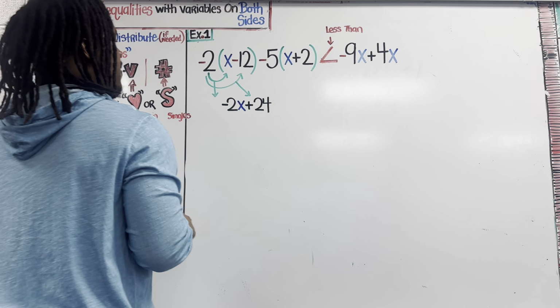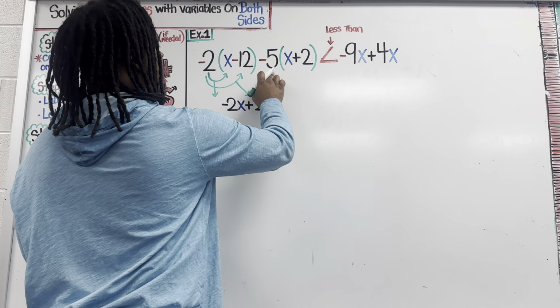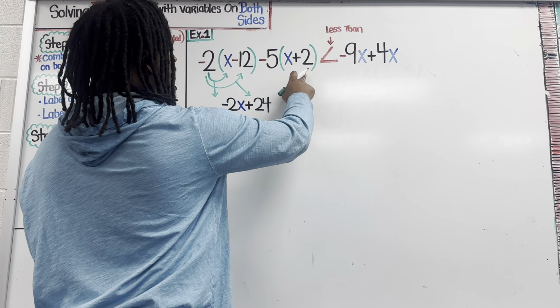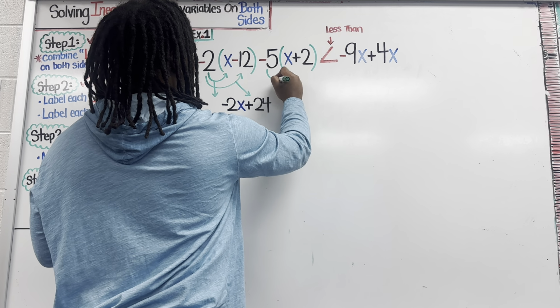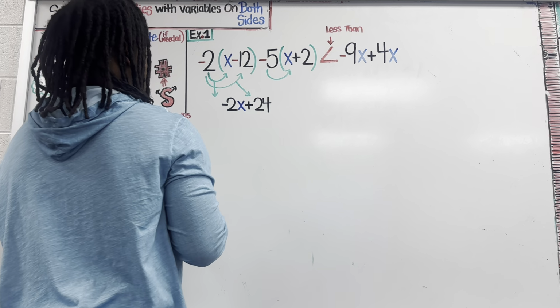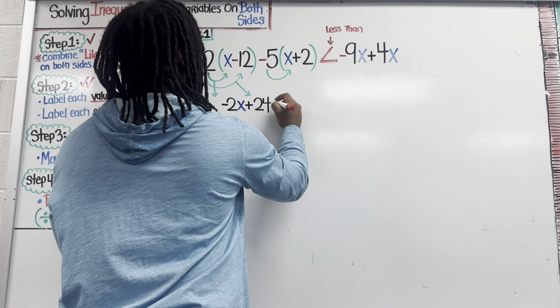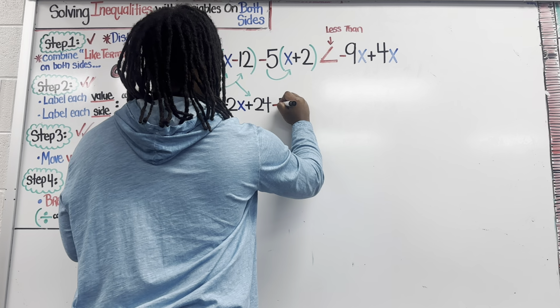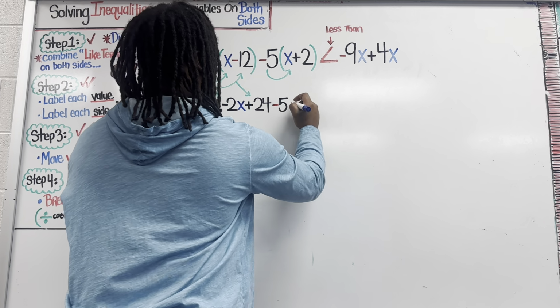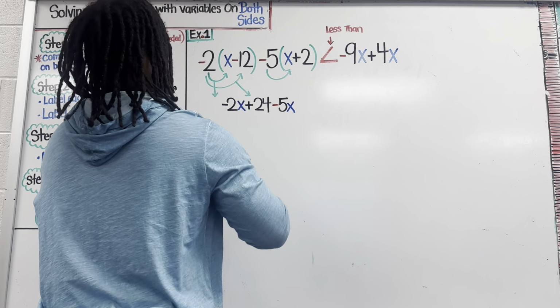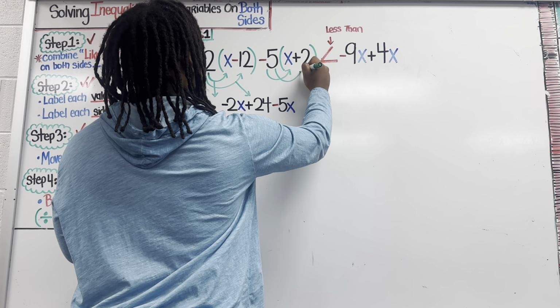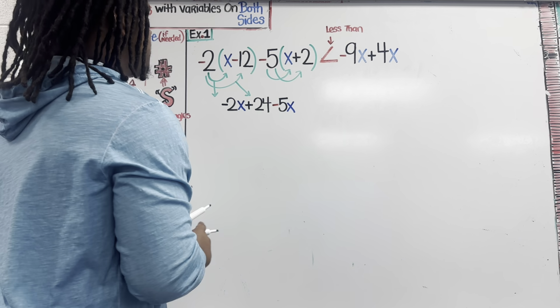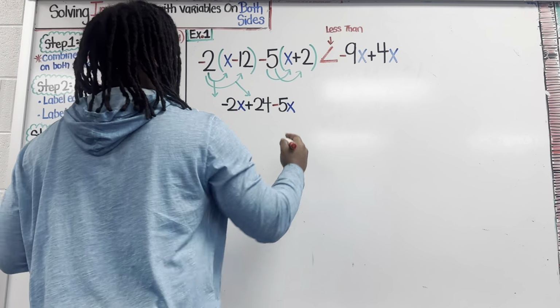Now I'm going to the next one. It says minus 5 times (x plus 2). So -5 times x is -5x. And then -5 times positive 2 is -10.